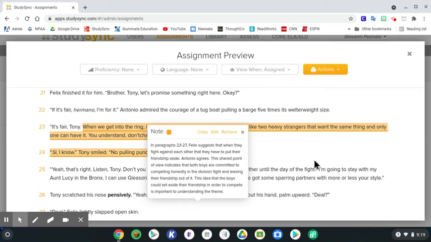This idea that the boys could set aside their friendship in order to compete is important to understanding the theme. So, in this instance, I see competition over friendship. Or is it really? Consider if you've played any sport or any video game with your friend.